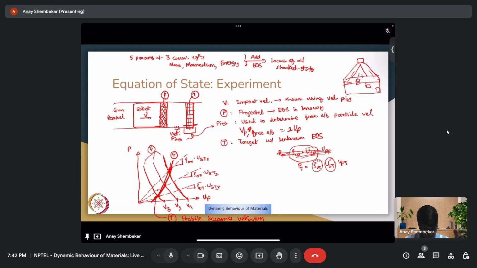That is the equation we are using here, and we already know what the target density looks like, and we know the time of arrival between the left and right boundaries for the shock front to move. That would give us an estimate of the shock front velocity inside the target. Okay, so here we can use the shock impedance as the slope of the Rayleigh line. Yes, right, sir. Okay, so this is the plot between pressure and particle velocity. Thank you, sir.